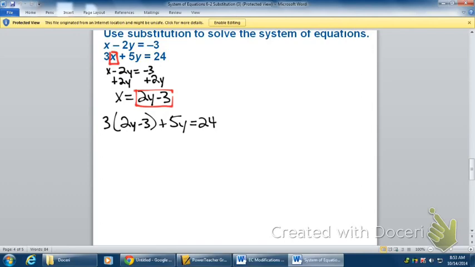All right? Now from here, you're solving for y. You need to go ahead and distribute this. All I did was distribute it. Then I'm going to add 9 to both sides.